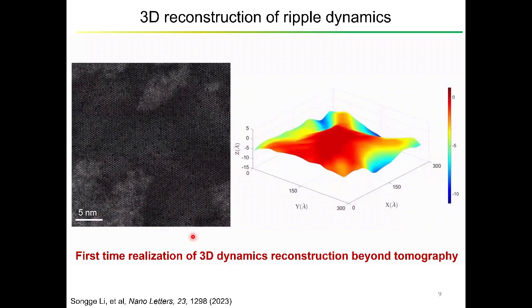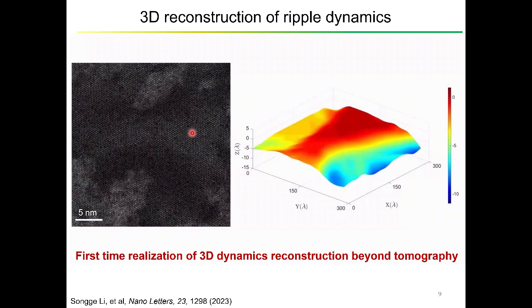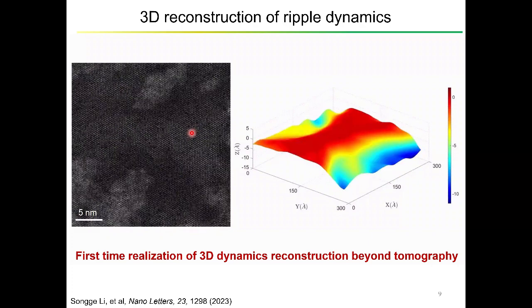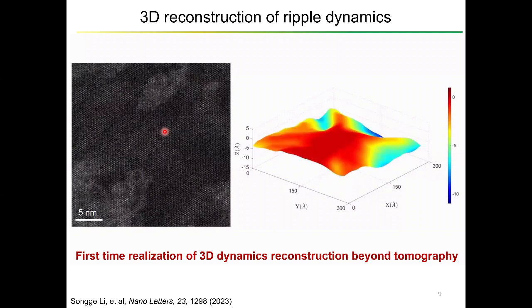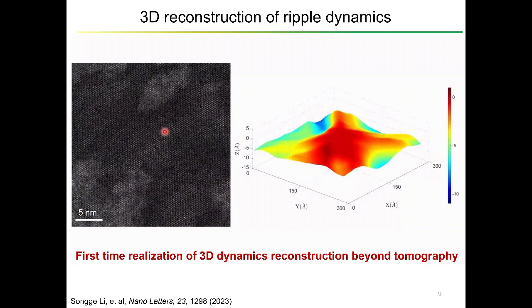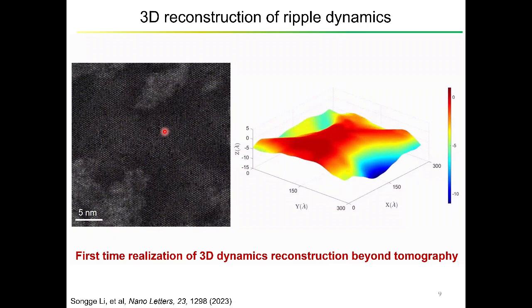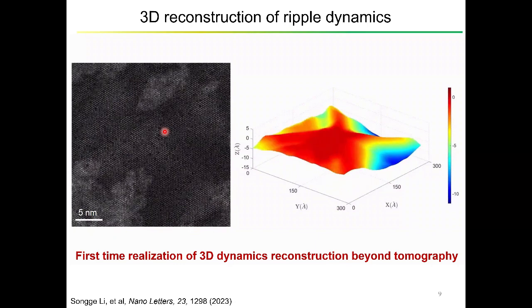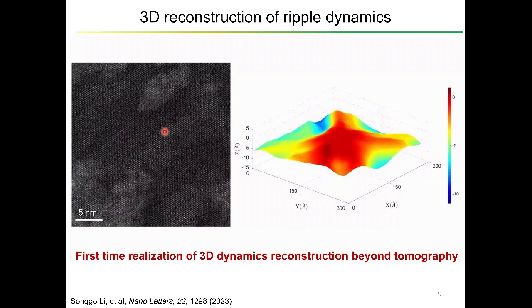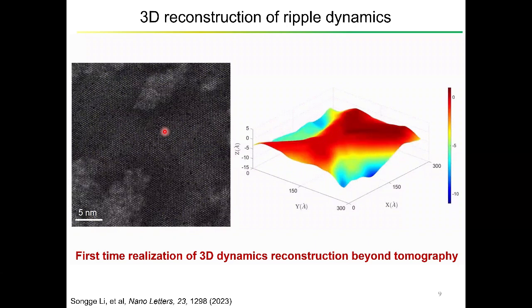If we do series imaging using the STEM, it is like using a hammer to vibrate the material and make it move and deform. We take a snapshot of the images, and then we can reconstruct each frame in this kind of movie, so that we can get the three-dimensional reconstruction of a dynamical process of a 2D material.